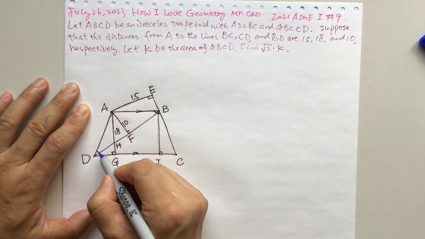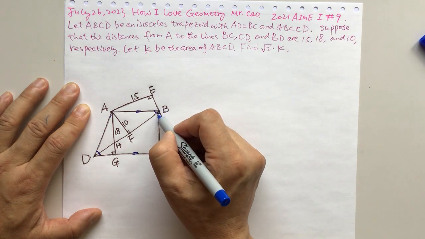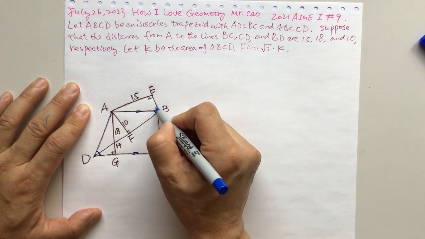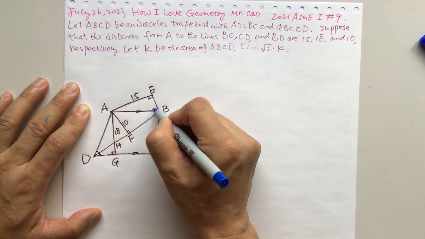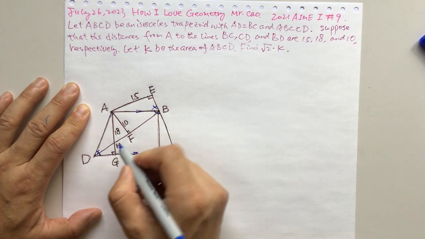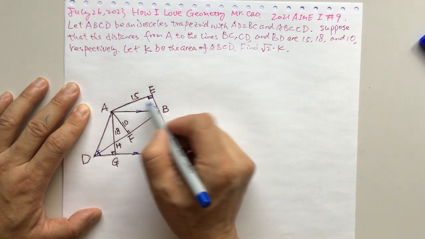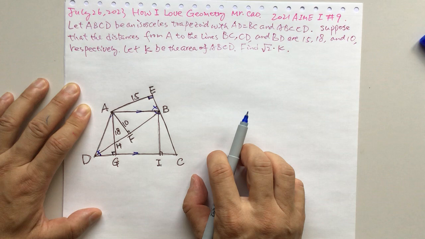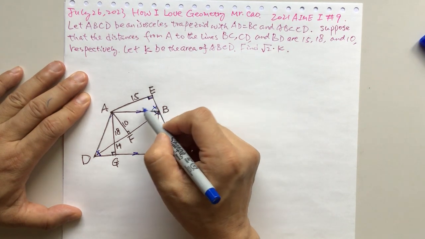So this angle plus this angle is 180 degrees, and this one is the same as angle ABE. So this angle is congruent to this angle, and all of them are right triangles. So these two triangles are similar. Then we can get some relationship between them.